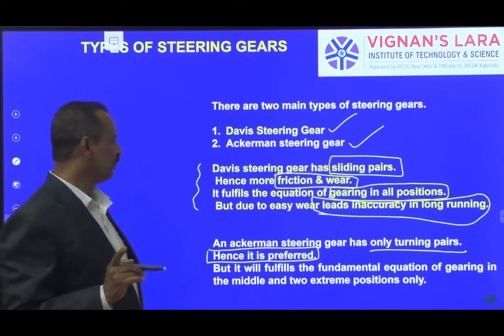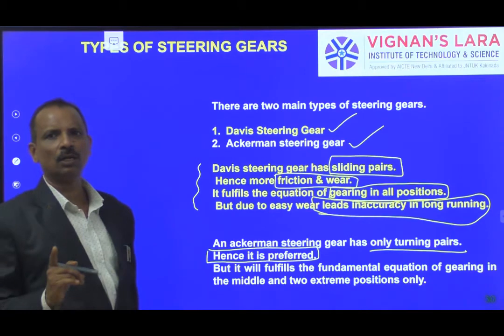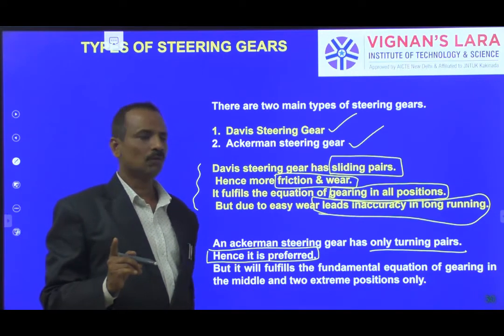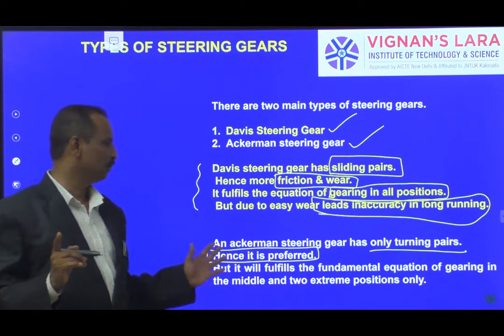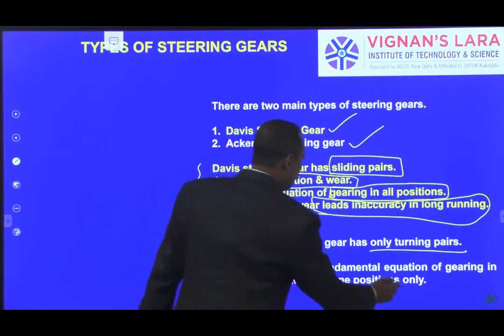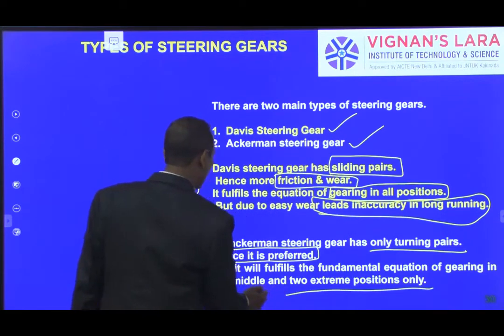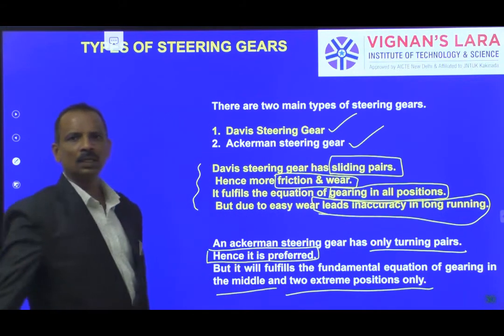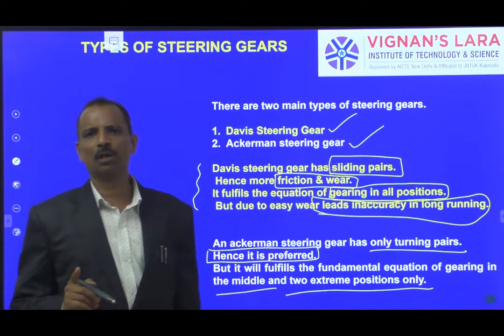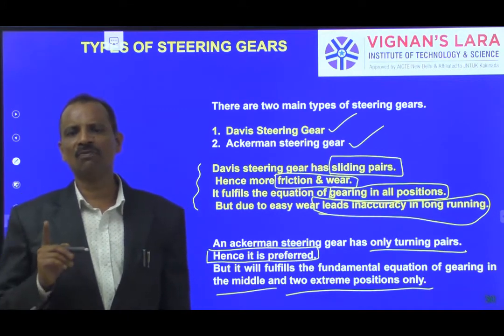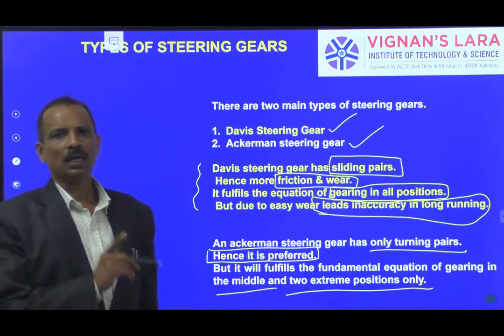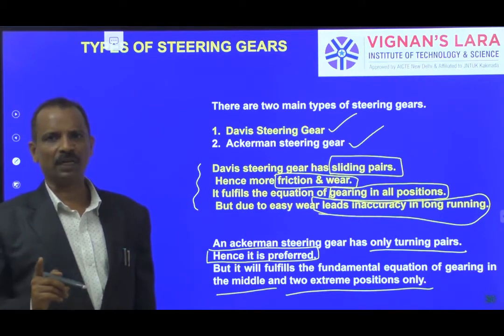It will satisfy the fundamental equation only at the two extreme positions and one middle position. In these three positions only, it is able to fulfill the condition of the steering gear mechanism perfectly.